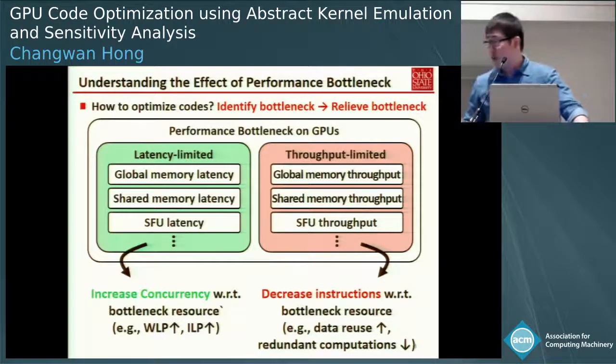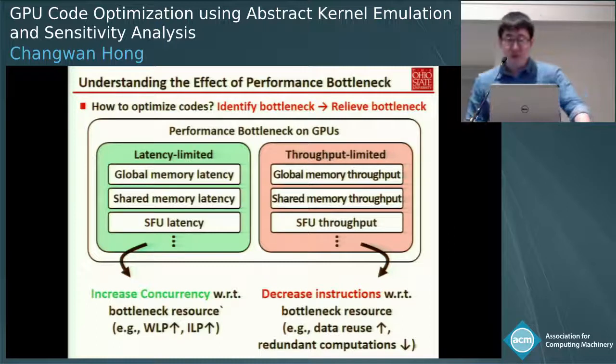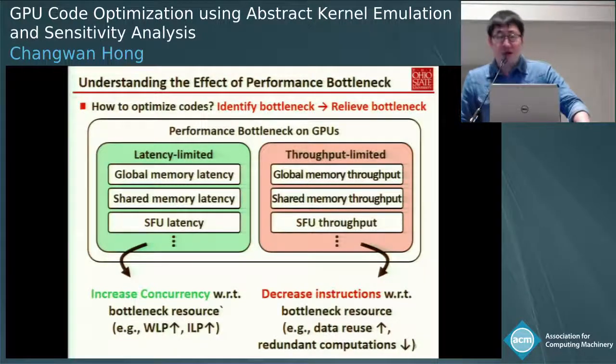In this case, the only way to improve performance is decreasing the number of instructions with respect to that resource. For example, if performance is limited by global memory throughput, then we can reduce the volume of data accesses by reusing data in caches or registers.